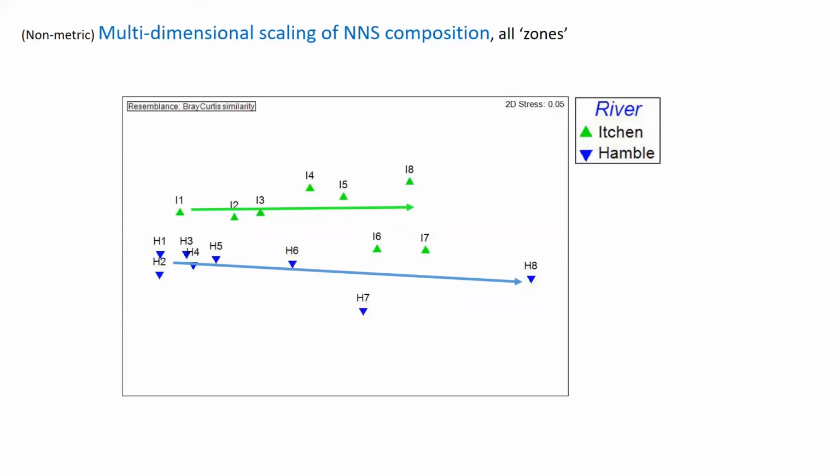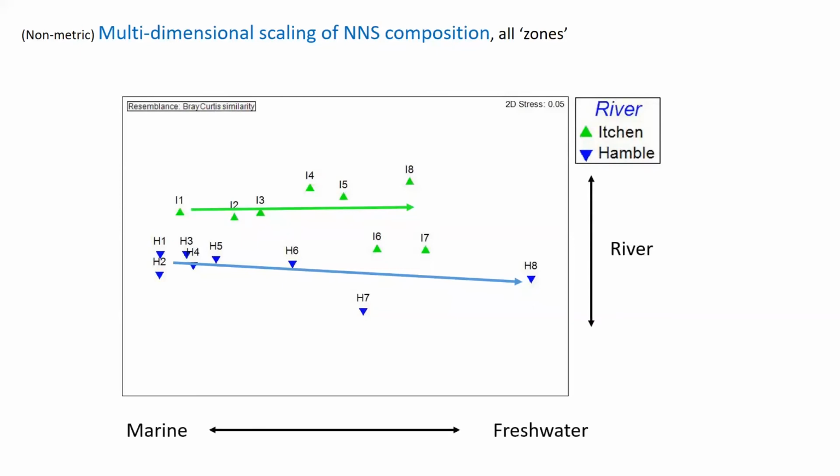But you also notice that the rivers are distinctly arrayed one above the other. And so the differences in the composition between the rivers as a whole are on the vertical axis. So we have an axis which separates the two rivers, and an axis which separates marine and freshwater ends of the estuary in the same manner for both rivers.